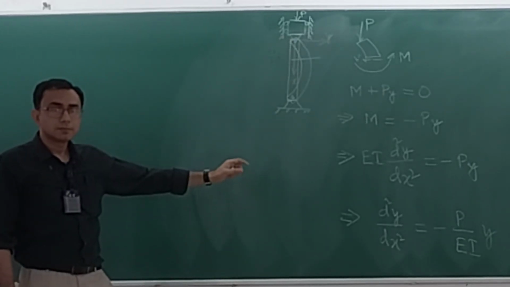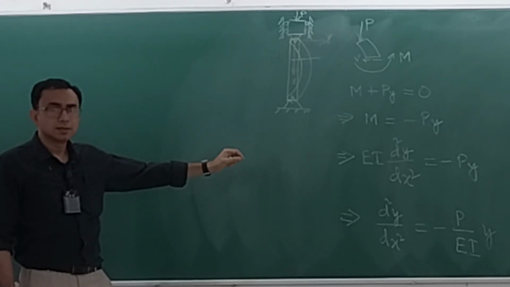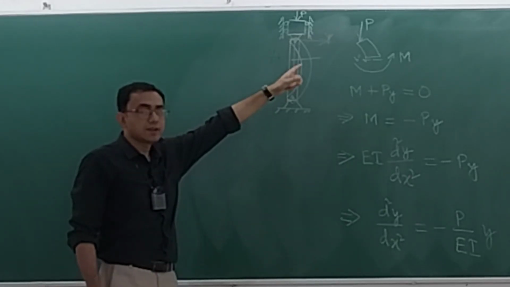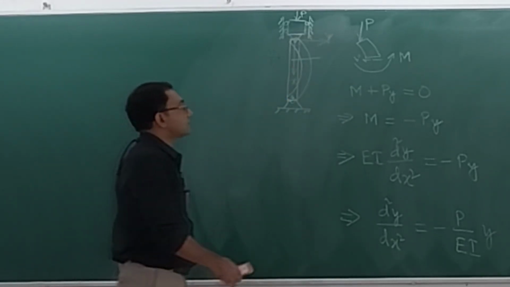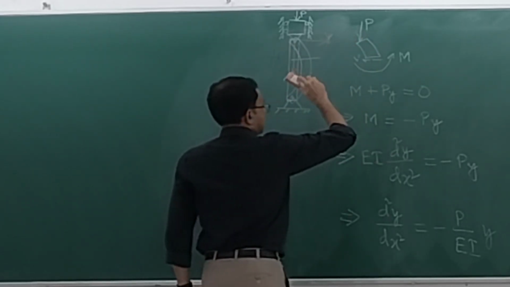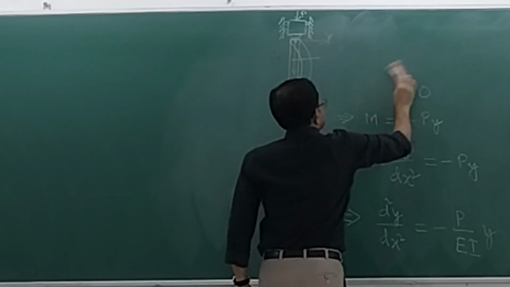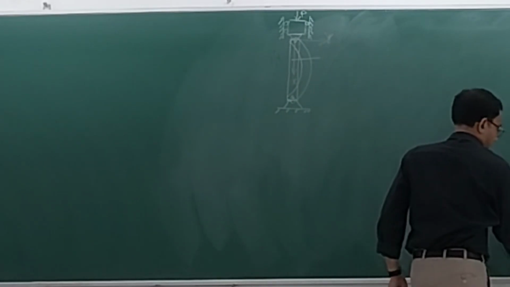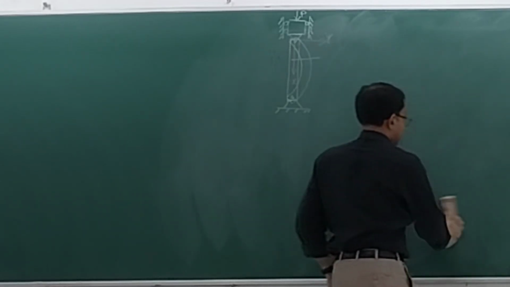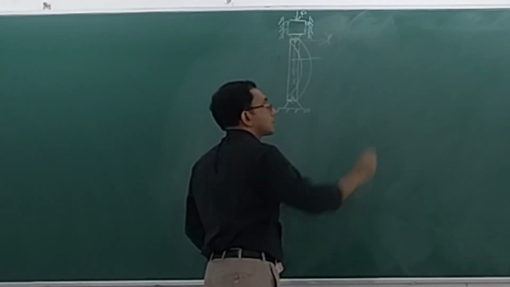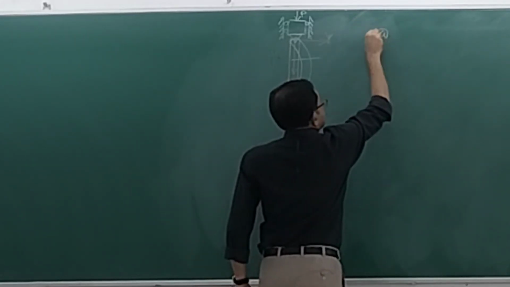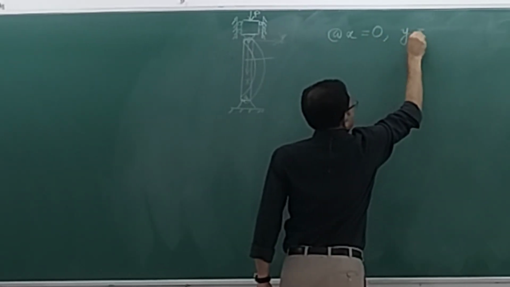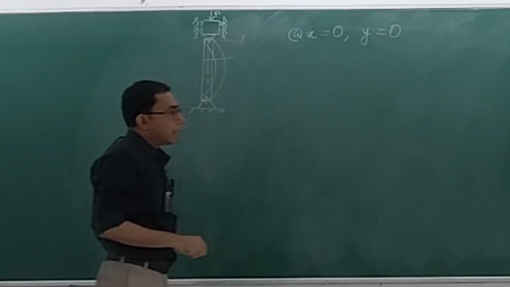L minus delta, that we will neglect, because this disturbance is very, very small. So at x equal to 0, y equal to 0.